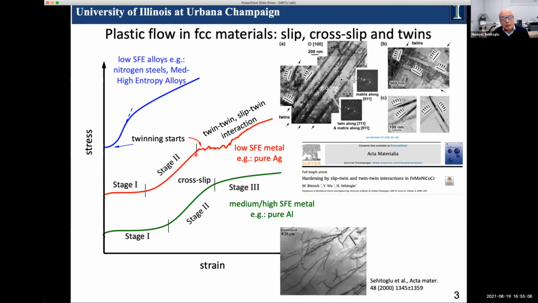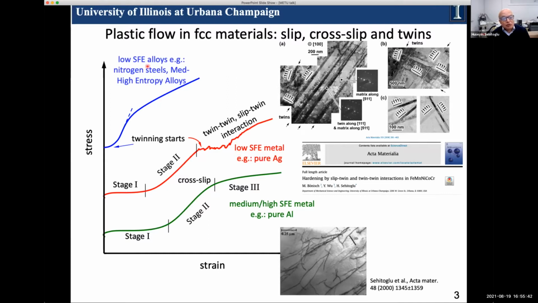But at some point, when the stresses reach a critical level, twinning starts, and then one could get twin slip interactions, also twin-twin interactions, which initially may appear like a bit of maybe softening or localization, but then there could be substantial hardening associated. This is again for pure metals with low stacking fault energy.